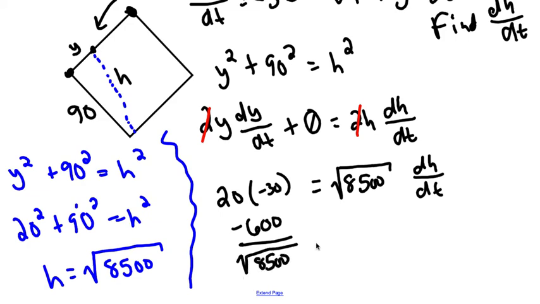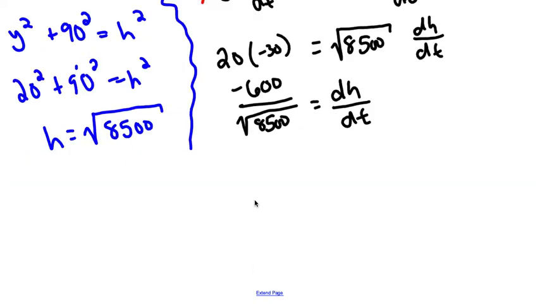That's an exact answer, but of course we don't need that. We want to plug that into our calculator and see what we get. So dh/dt is approximately, and again, we're going to get a negative answer like I explained before.